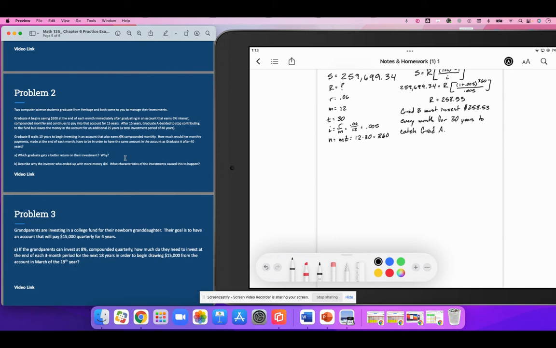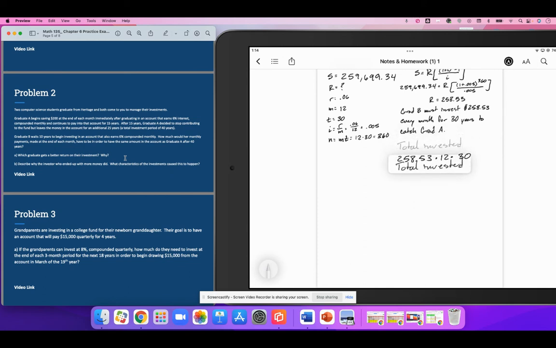So total invested is going to be the $258.53 every month times 12 months times 30 years. And I'm going to move this math up there so that I can keep my statements together down here. All right.